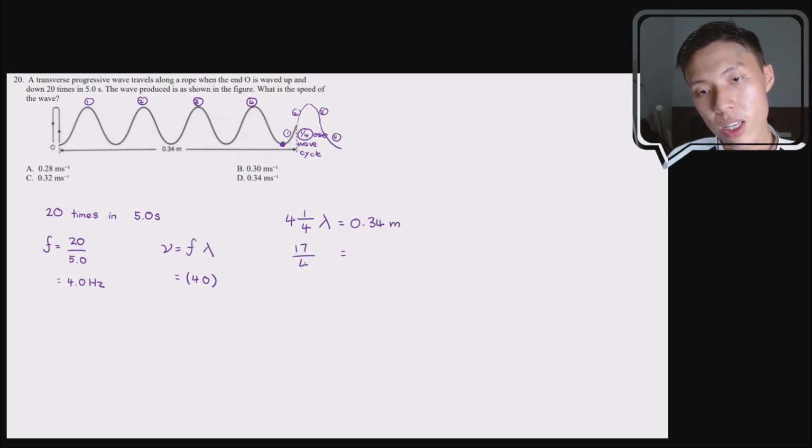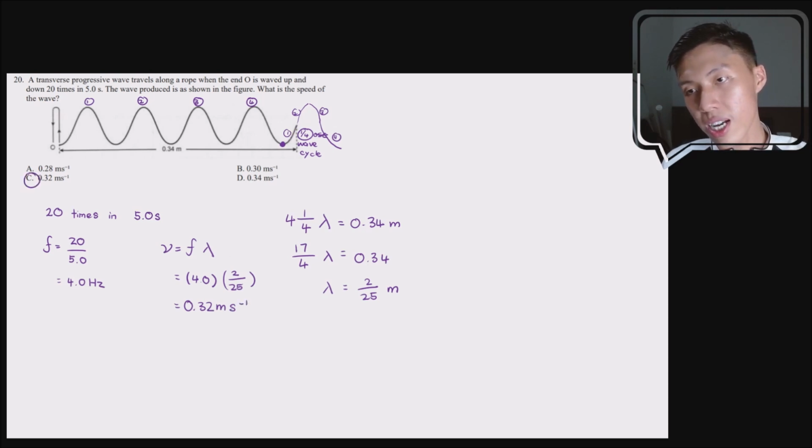That will be 17 divided by 4, lambda equals 0.34. So now you are able to find the lambda just by moving around the value. I believe you should be able to get the answer of 2 divided by 25 meter. So now knowing that, you can substitute it inside here. And I believe you should be able to get the answer of 0.32 meter per second. So this is the answer.